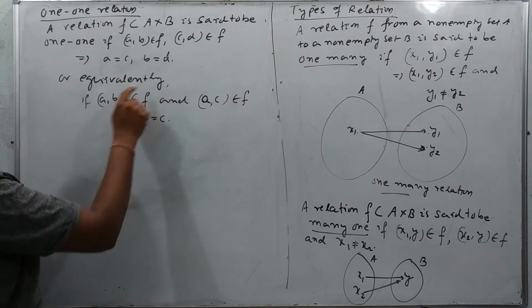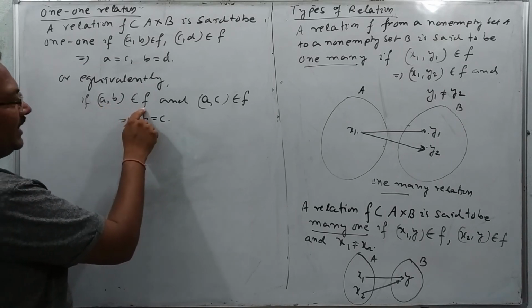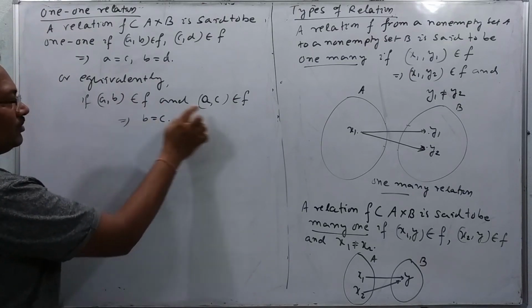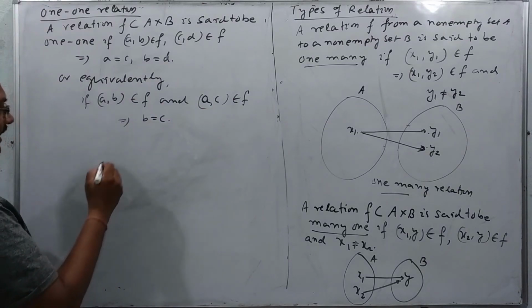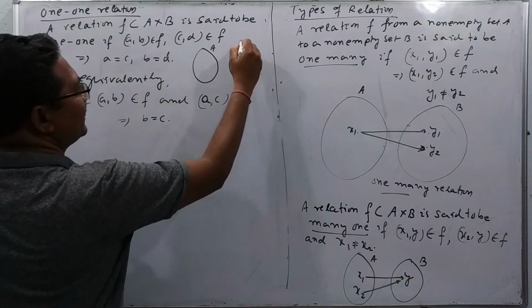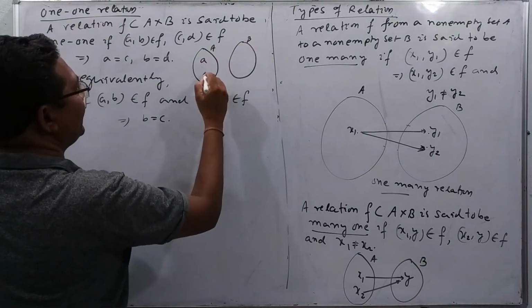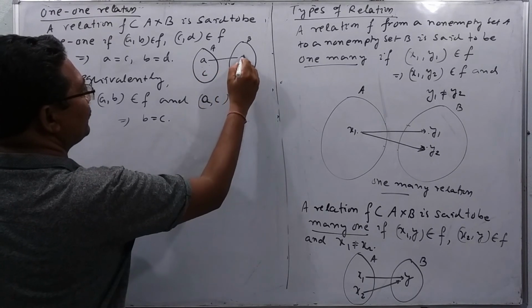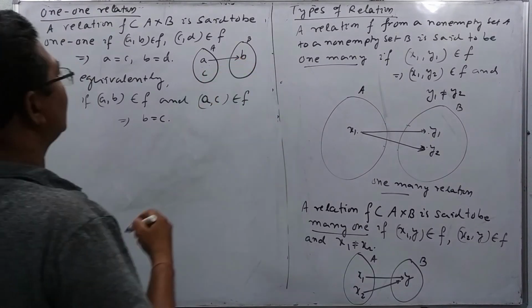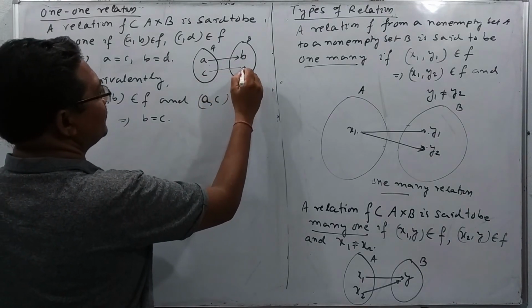Or equivalently, if (a,b) is in relation F and (a,c) is in relation F, then b = c. Come to the Venn diagram. Here set A, here set B. A related to B, and C related to D.